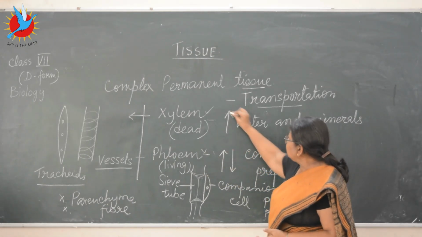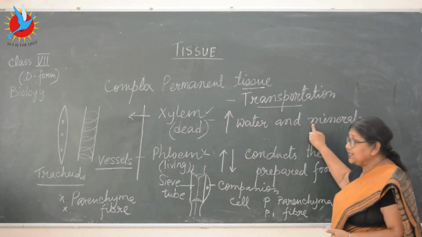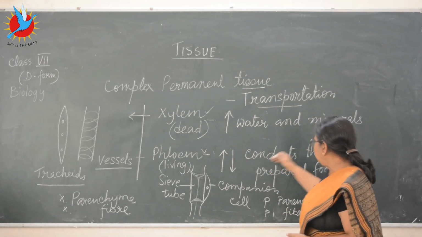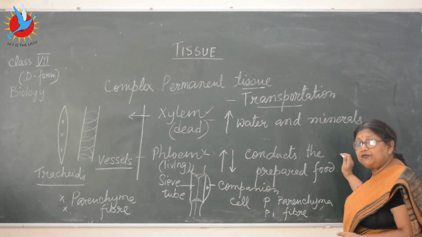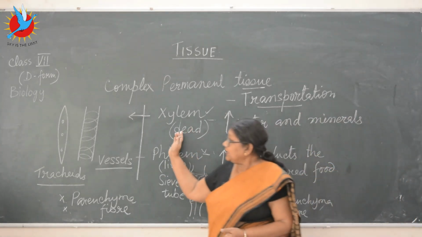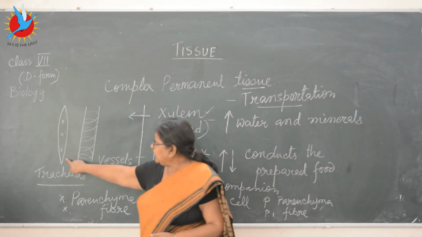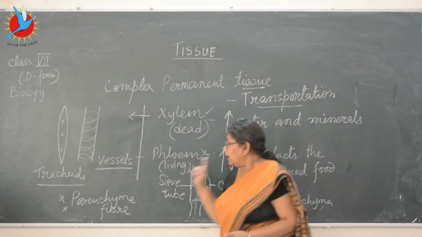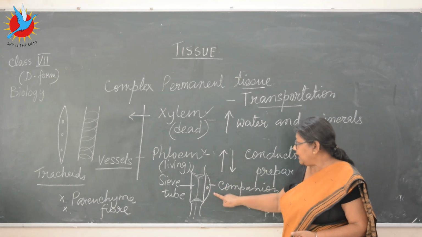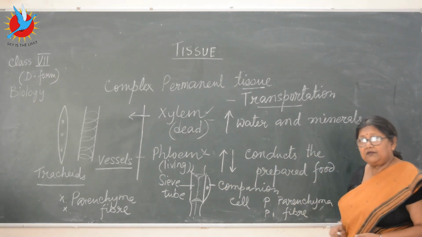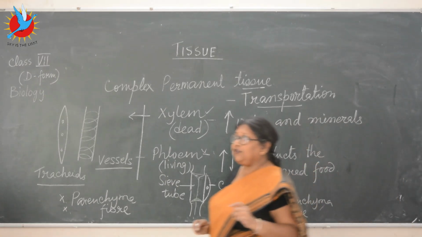Xylem: upward transportation of water and minerals. Phloem: both ways transportation and conduction of the prepared food throughout the plant body. And the xylem's individual parts are the tracheids and vessels, along with parenchyma and fiber; phloem has sieve tube and companion cell, along with phloem parenchyma and fiber. That much is needed for you.